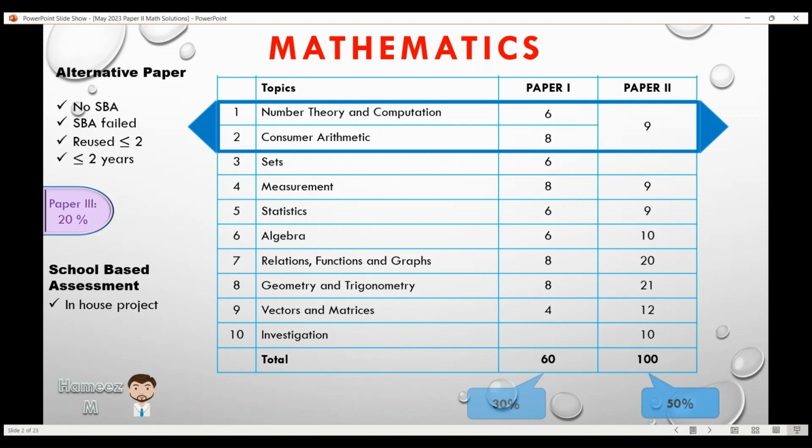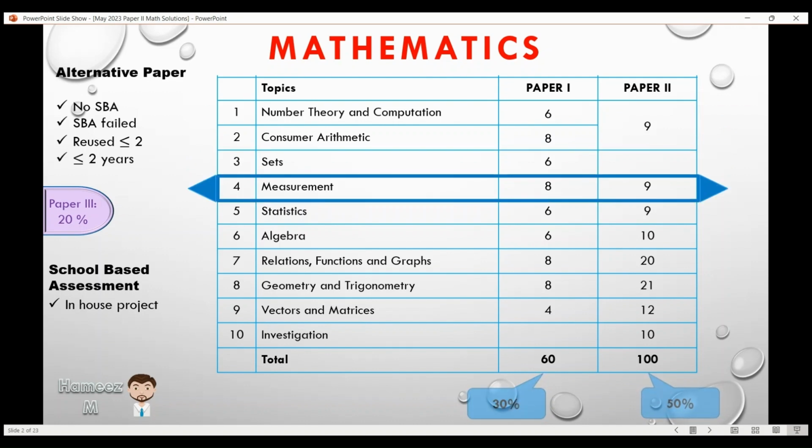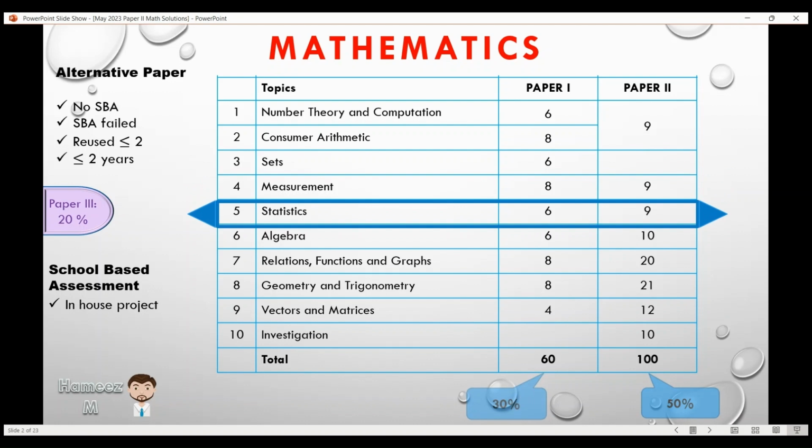So our first topic in Paper 2 is worth 9 marks and is made up of number theory and computation and consumer arithmetic. With a change in the syllabus, the topic of sets is no longer assessed in Paper 2, while the topic of measurement is assessed for 1 question with 9 marks, and statistics is assessed for 1 question as well with another 9.